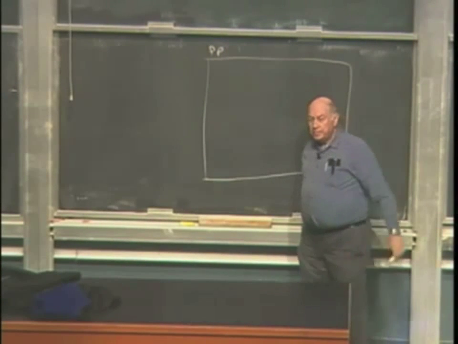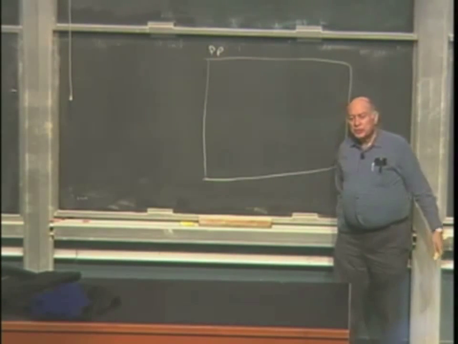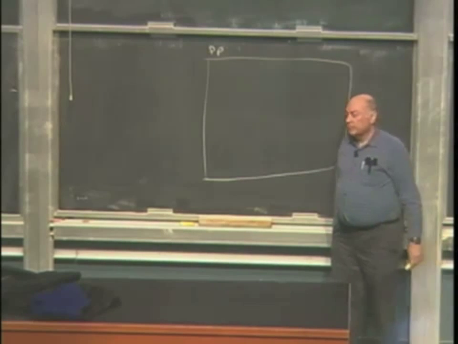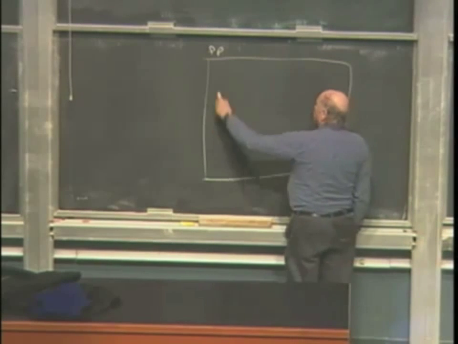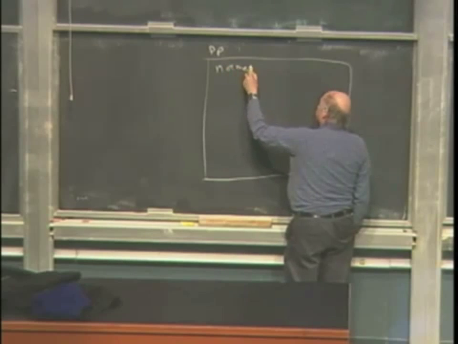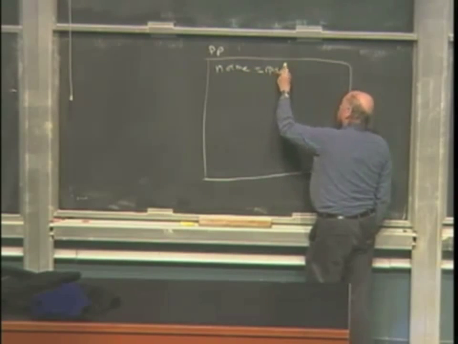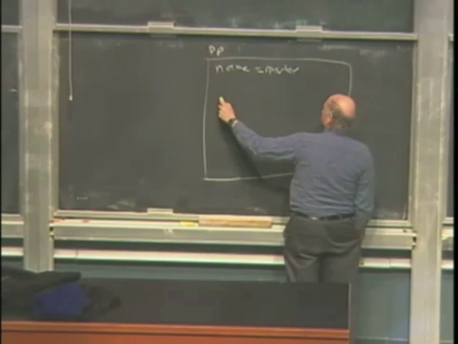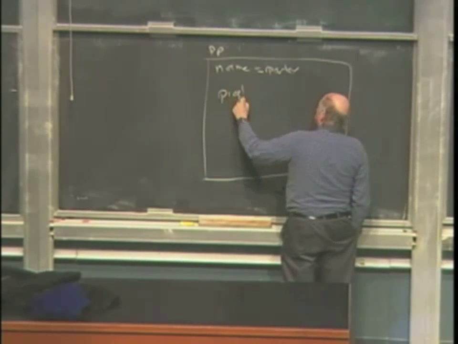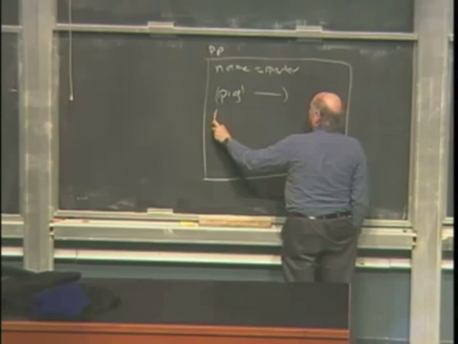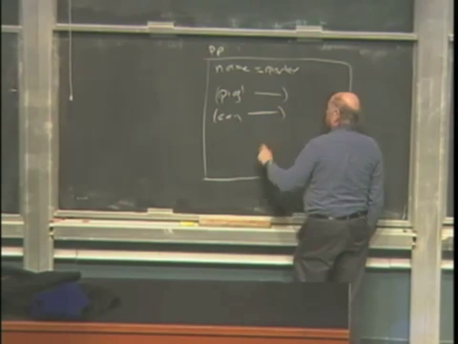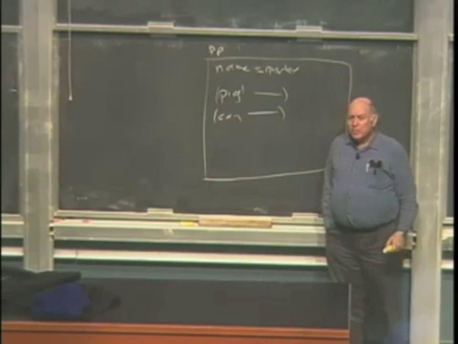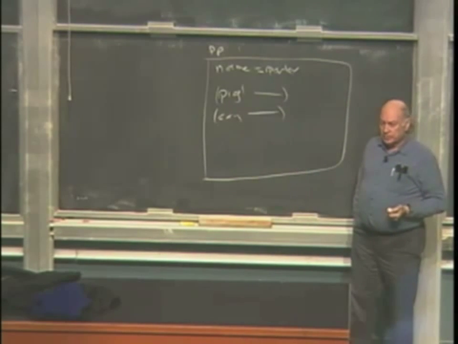Here's PP. It's an instance of the Pigger class. It has a name, which is Porky. It has methods, Piggle, and say. But it also has something else.